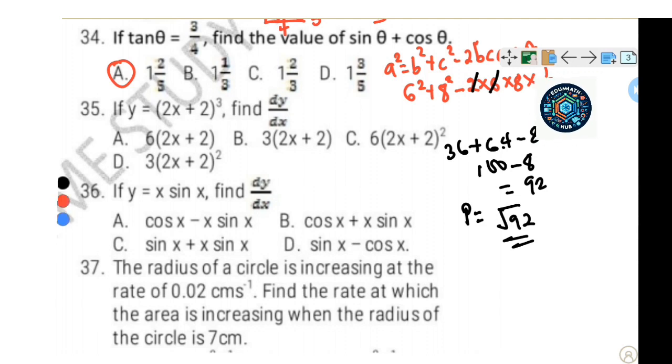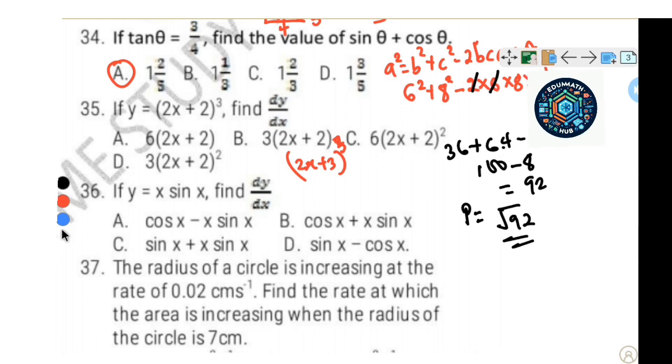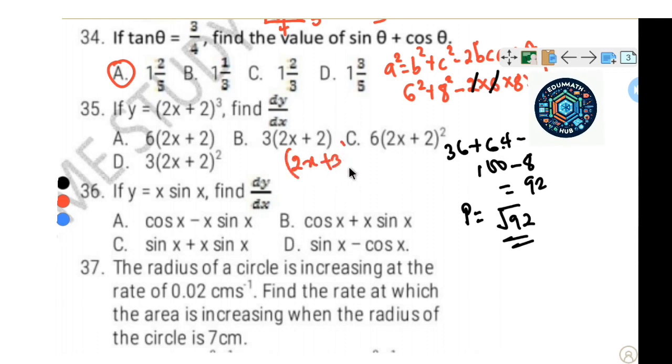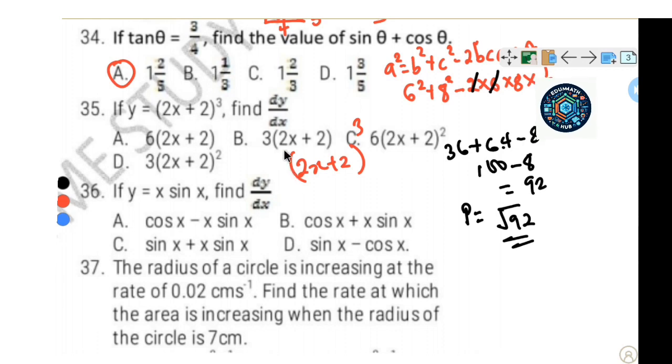It's very simple. You have 2x plus 2 raised to the power 3. All you do is this 3 will multiply the bracket, so you have 3 into 2x plus 2.